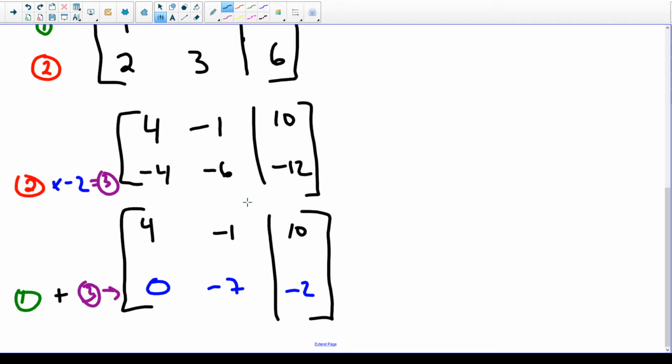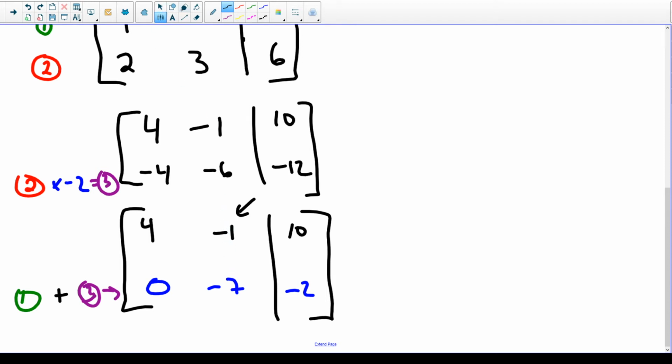So what number would I really like to have right here? I wonder if anybody can tell me in chat. That's right. I want a 7 right there, because 7 plus negative 7 would give me 0. So if I can transform that into a 7, I'll be able to add up and get 0.